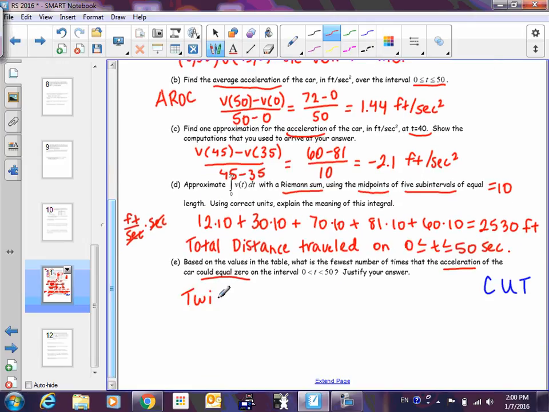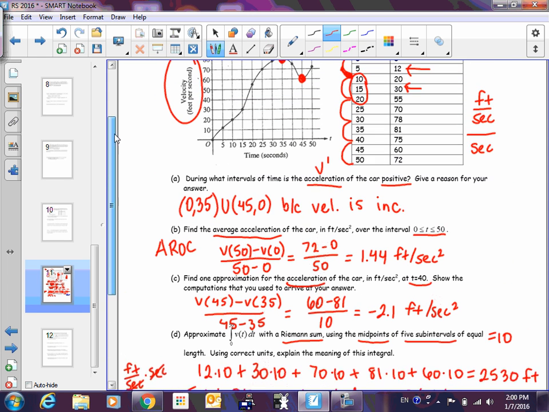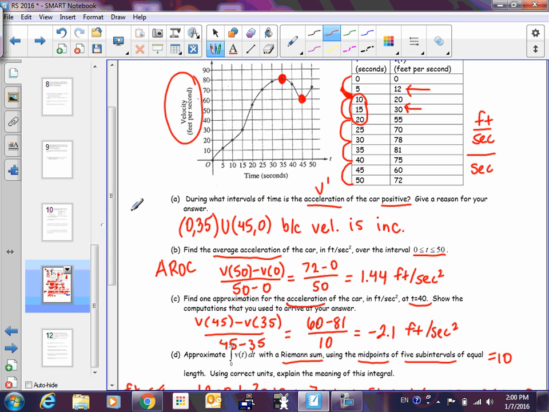We have to write a justification, and our justification has to be because velocity something. Velocity is what they gave us. That's what we have to use to explain. So velocity is doing what 2 times? Velocity is changing direction.